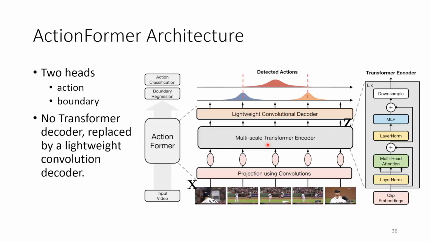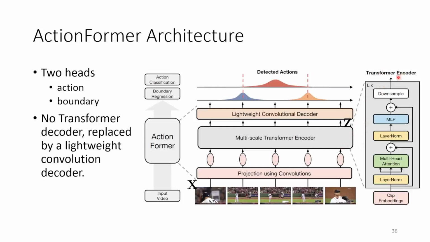And for the typical transformer, you will have a decoder. Then your decoder will translate your latent representation to your final representation. And here in the ActionFormer, no, they don't have the decoder.